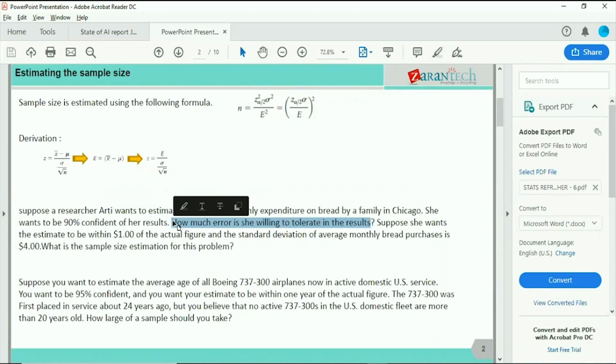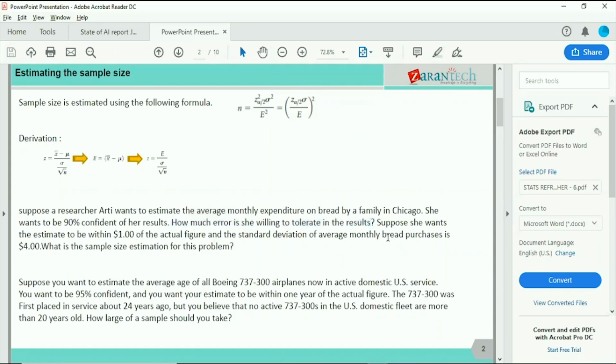So we need to find the difference between that X bar minus mu. Yeah. How much? So this is basically this value, right? Yes.